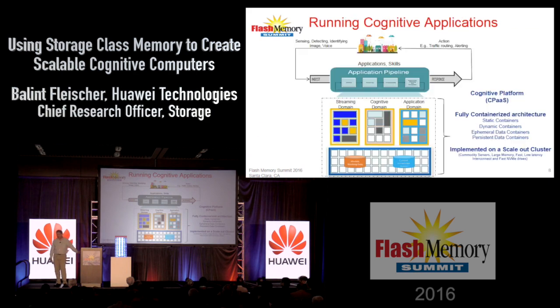So this would be the place where you are running cognitive applications. The dotted area is the CPaaS platform, and I'm showing a kind of container drawing here. Above it, you have this application pipeline. I mentioned earlier that these applications are written as a data flow. So you have sensor input coming in on the left, and response coming out on the right.